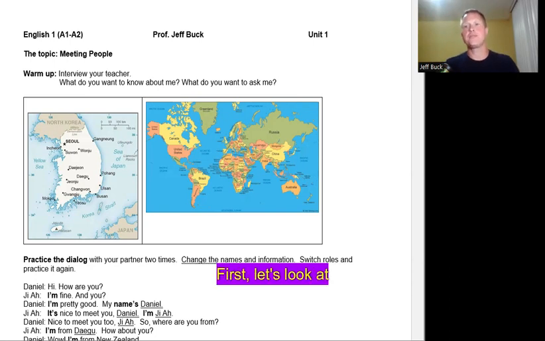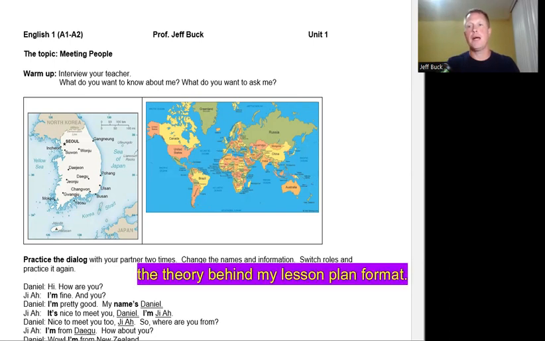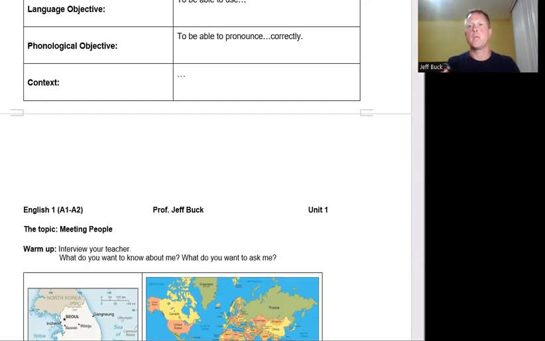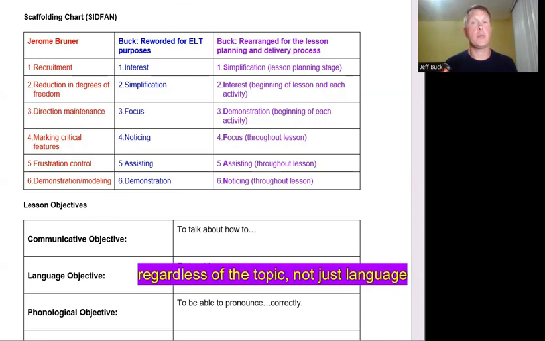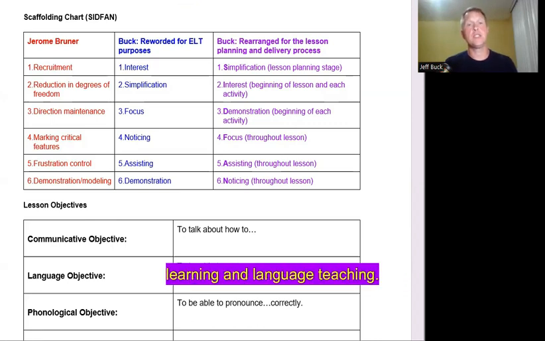First, let's look at the theory behind my lesson plan format. Scaffolding is an important part of teaching and learning, regardless of the topic, not just language learning and language teaching.